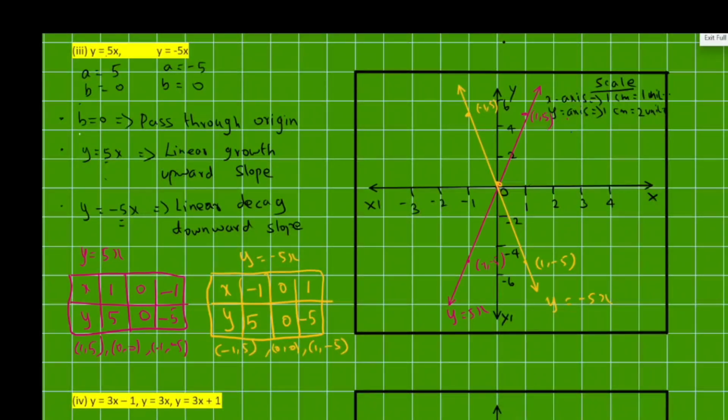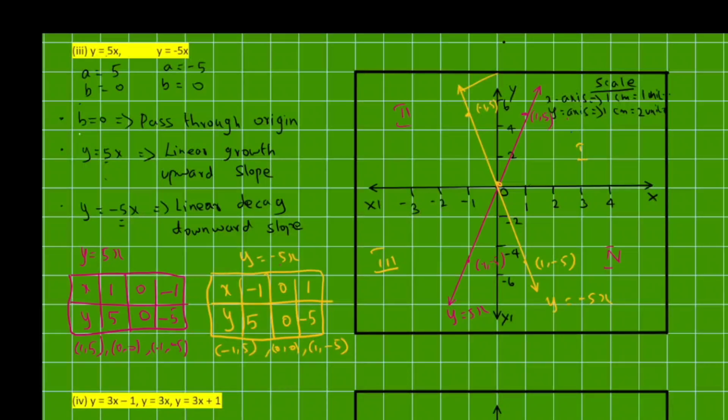Look at the lines. When y is equal to 5x, the line passes through the first quadrant and the third quadrant. When y is equal to minus 5x, the line passes through the second quadrant and the fourth quadrant. Just opposite. So the magnitude value is the same, but the sign varies, no?